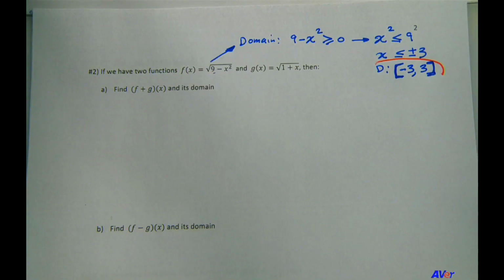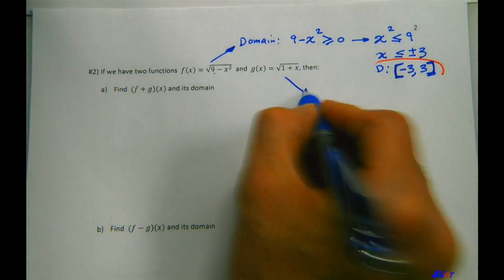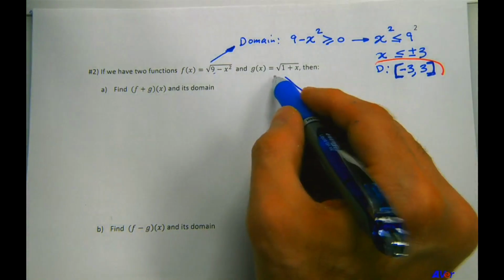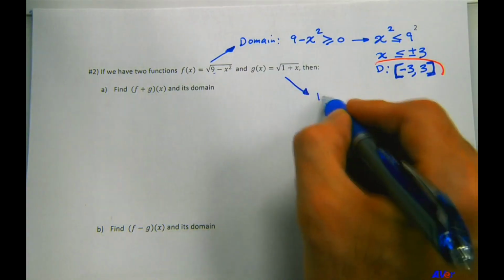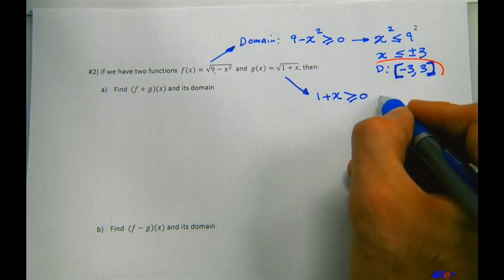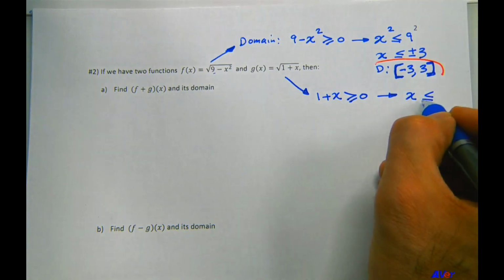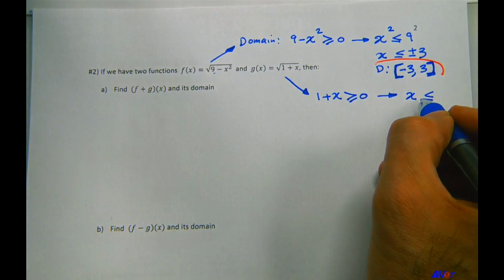Then let's find the domain for this piece. In here, 1 plus x must be greater than or equal to 0. Therefore, x is greater than or equal to minus 1.